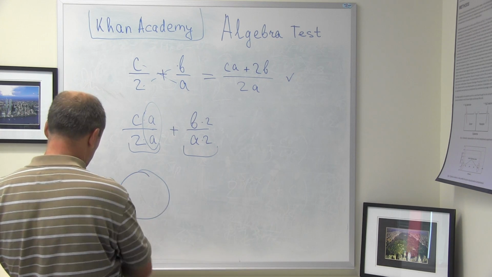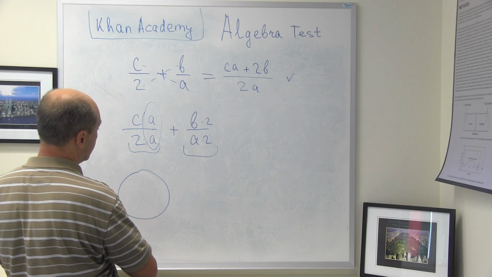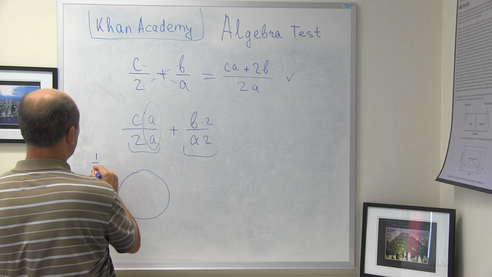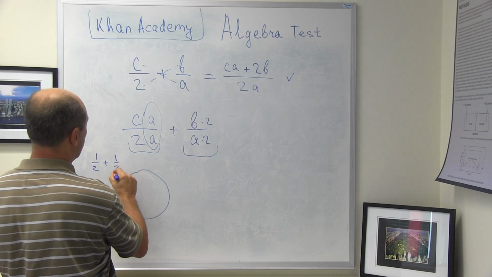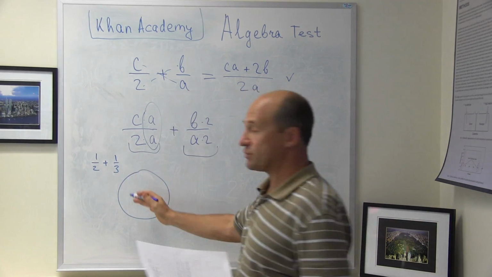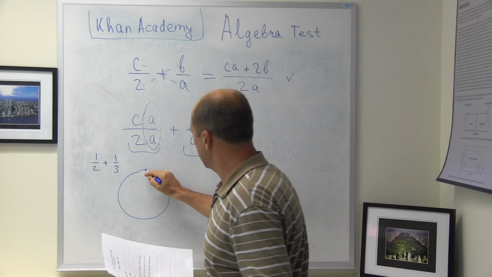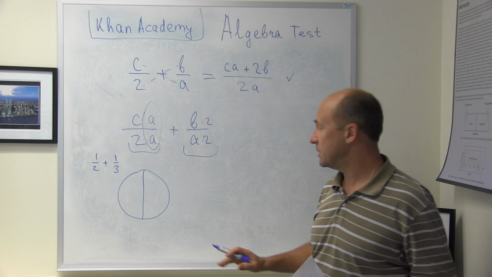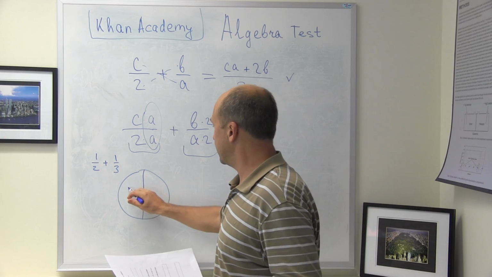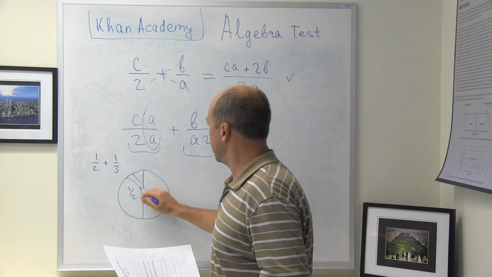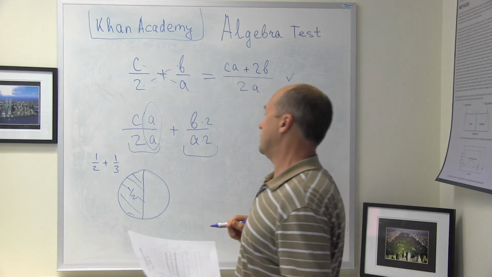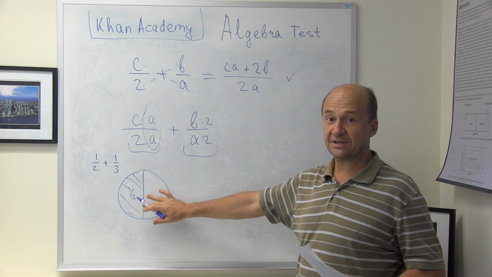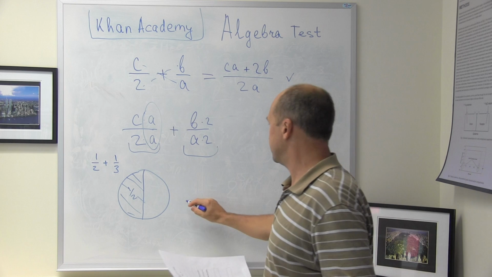Imagine that you need to add 1/2 plus 1/3. How do we represent this visually? Well, you have a whole of a pizza or cake, and 1/2 of a cake will be represented as half of the circle.